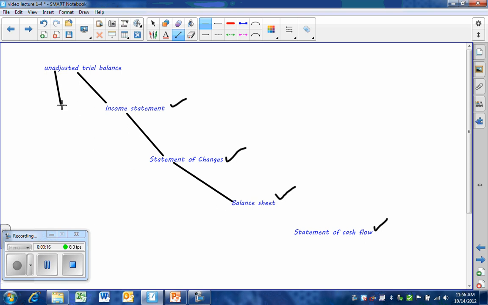The balances of assets, liabilities, and equity will flow from the unadjusted trial balance to the balance sheet, except for retained earnings again, which is coming from the statement of changes.